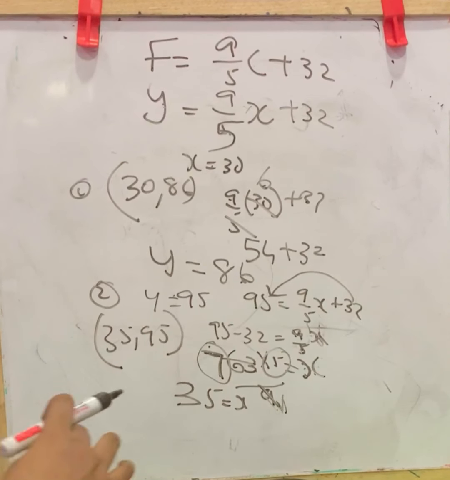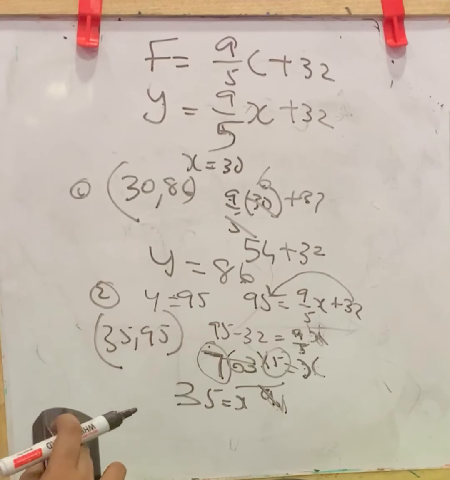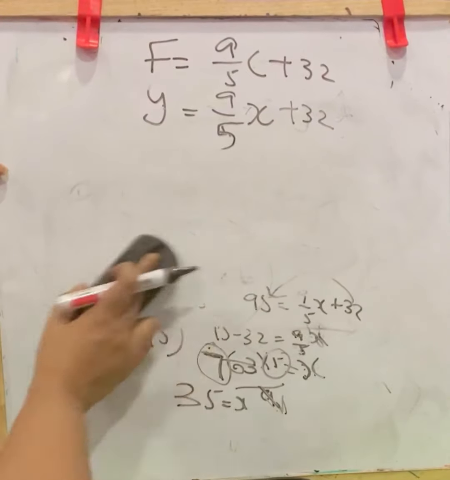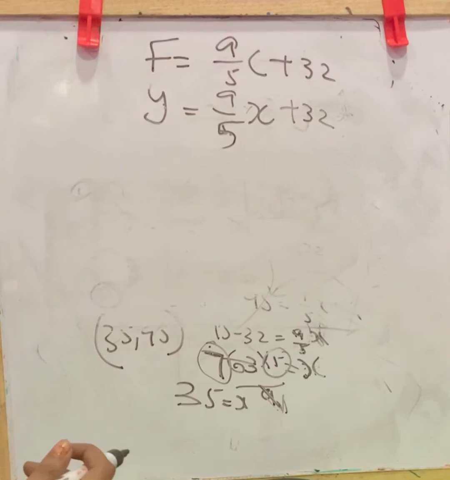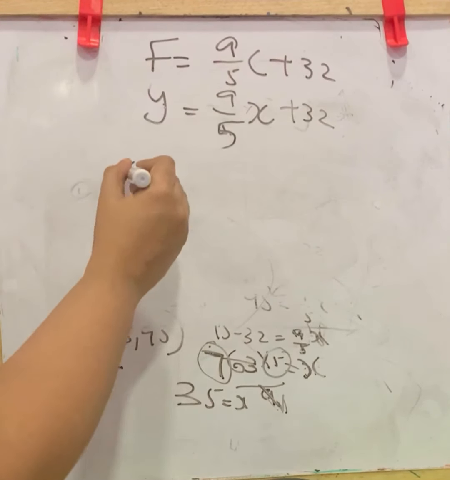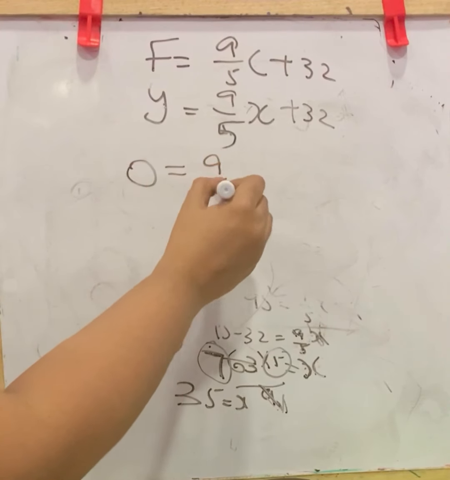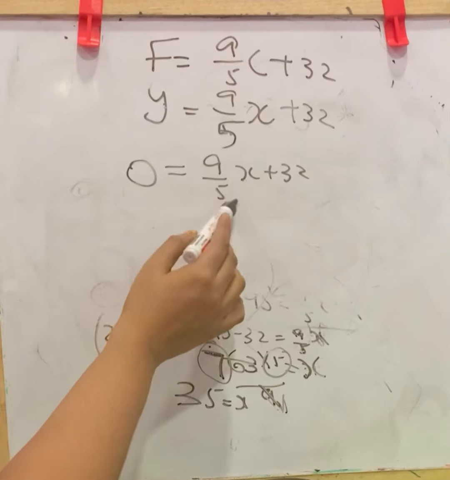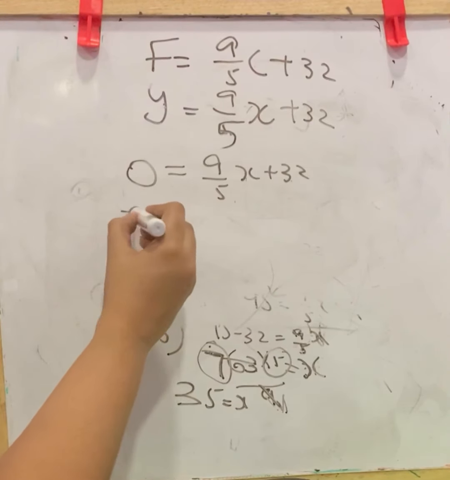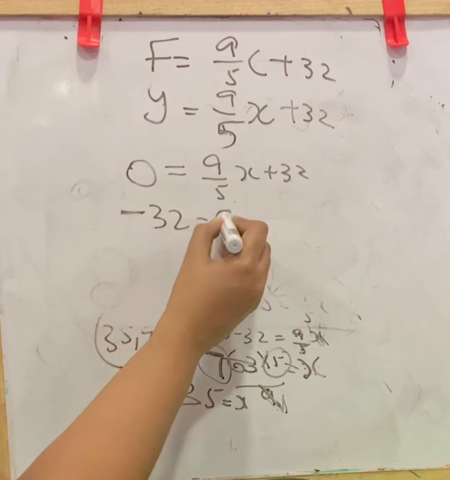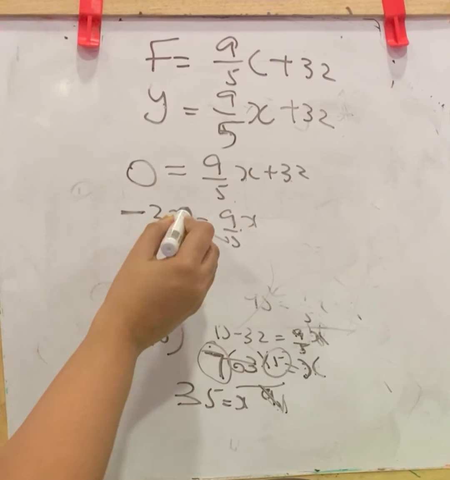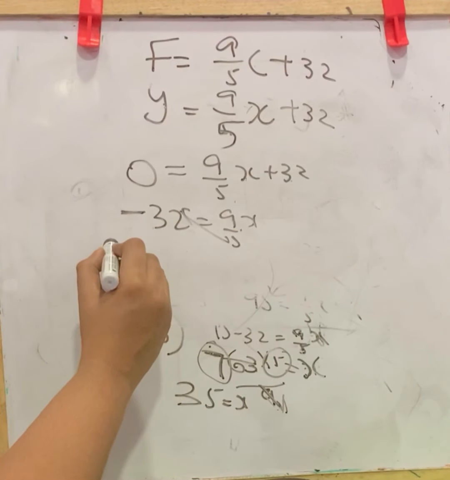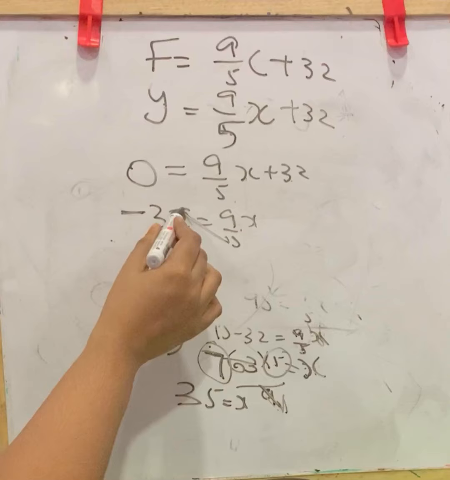Next is F equal to 0. F is 0 means y is 0 equal to 9 by 5 x plus 32. Now keep 9 by 5 there, taking this 32 to the side, minus 32 equal to 9 by 5x. 5 going to LHS becomes numerator.